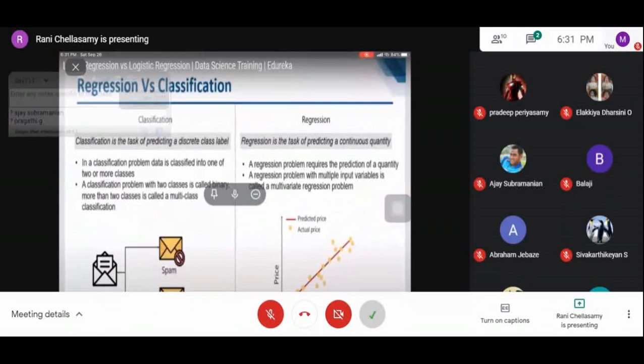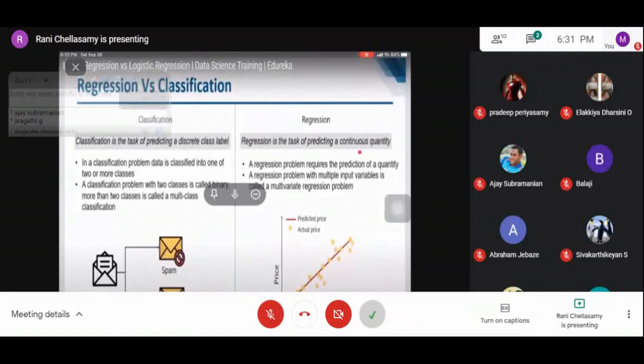Classification is the task of predicting the discrete class label, whereas regression is the task of predicting a continuous quantity.